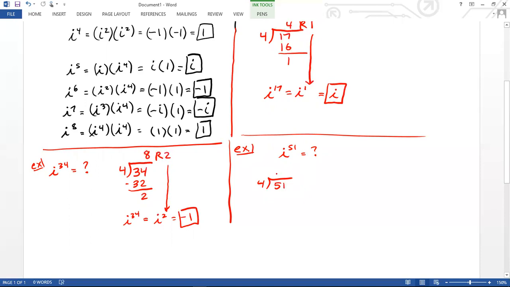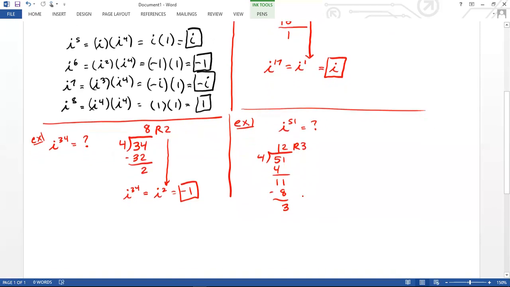Let's see, 12 would make it 48. Let's start with 1. 1 times 4 is 4. 5 minus 4 is 1. Bring down the 1. 4 into 11 is just 2. 2 times 4 is 8. 11 minus 8 is 3. And we have 12, remainder 3.